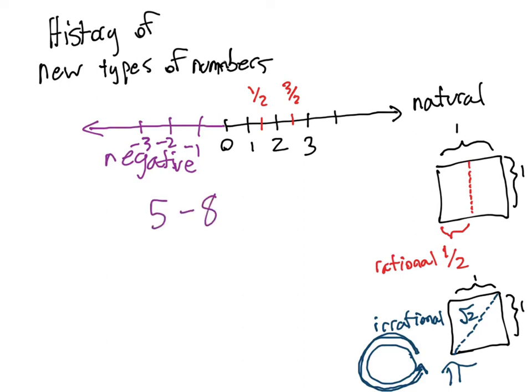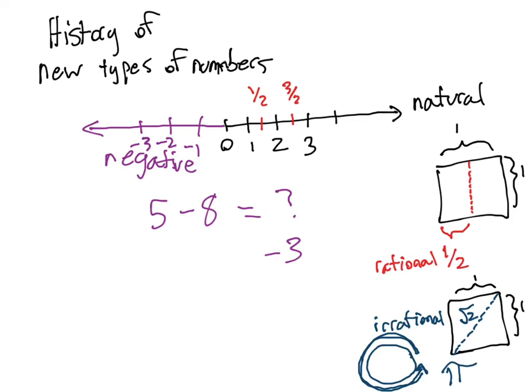So if we try to solve this equation, 5 minus 8 equals what? Well, for much of human history, there was no number that we would say answered that problem, but we just invented a type of number called negative numbers that allowed us to make sense of that.